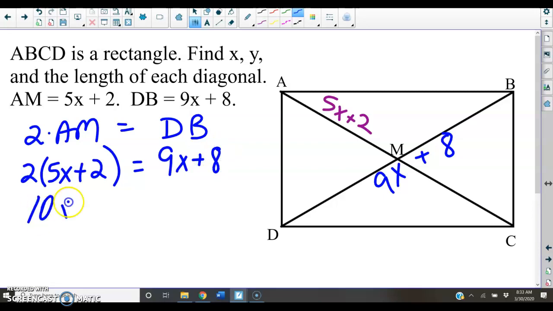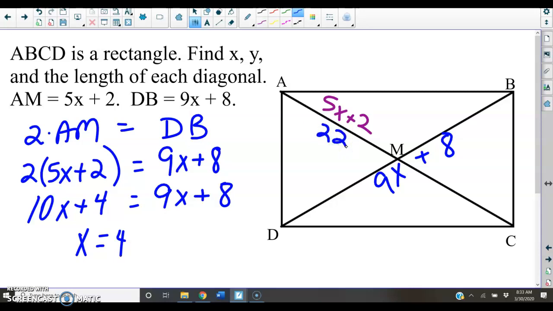So 10x plus 4 equals 9x plus 8. X will have to equal 4. So x is 4. 5 times 4 is 20 plus 2 is 22. 9 times 4 is 36 plus 8 is 44. And that makes sense. The diagonal will equal 44. X equals 4.